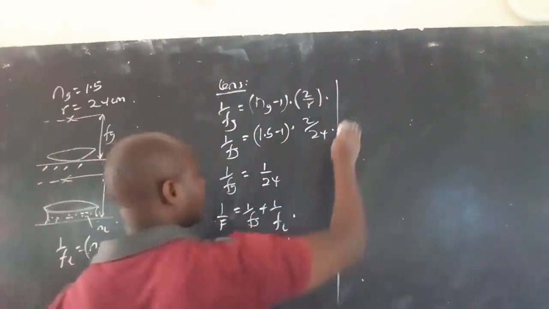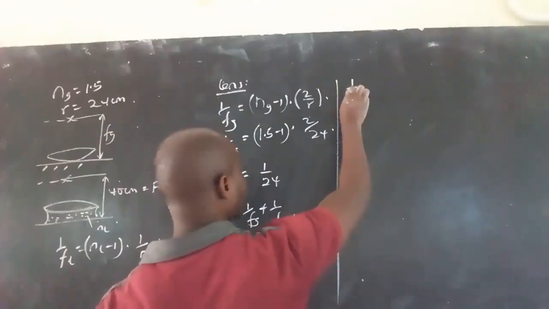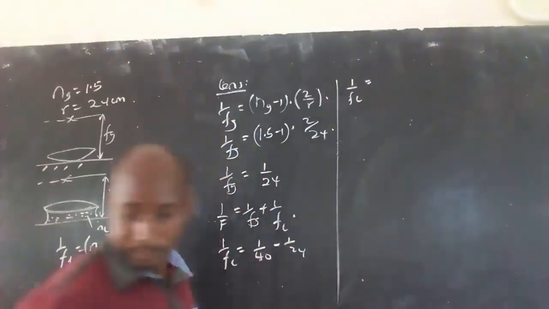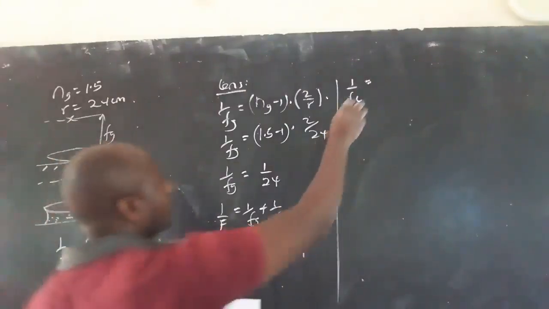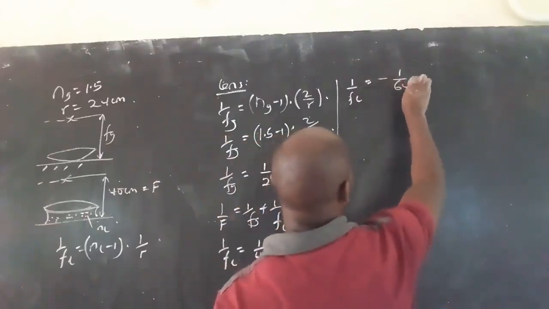So the focal length will now become, let me see, I don't have the answer, I didn't work it out, but you can work it out and see. When you work it out, it will give us negative 1 over 60.